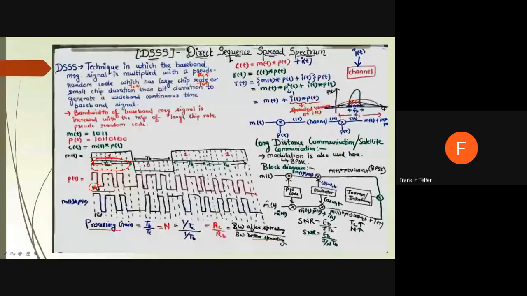So c of t is equal to m of t into p of t plus i of t. There is an i of t, interference, added with the channel. This interference can be any kind of ISI signal or any kind of co-channel interference. So this has been added together with the coded signal.